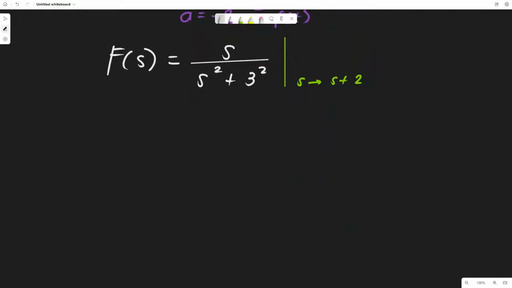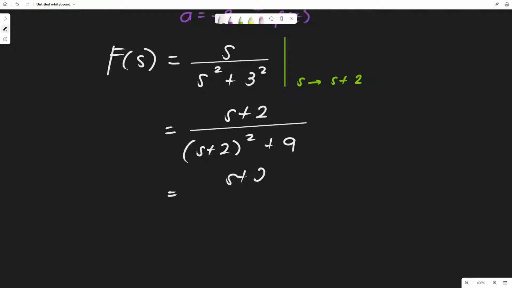So therefore, we have s plus 2 on top. Again, we need to replace all the s. So we have (s plus 2) squared plus 9. Then expand for us to simplify, so we have s plus 2 over s squared plus 4s plus 4 plus 9.